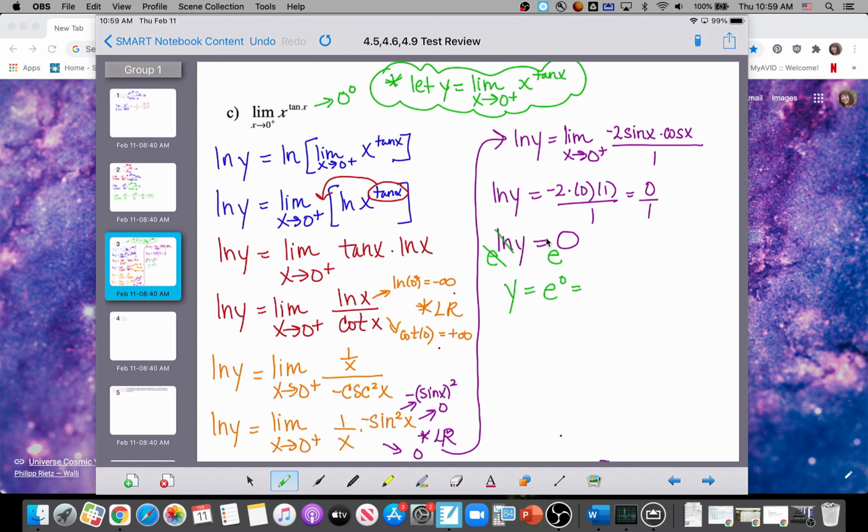And we know that anything to the 0 power is 1, so y equals 1. Which, remember, y was my limit. So y is equal to the limit as x approaches 0 from the right of x to the tangent x power, which we now know is equal to 1. So that is the answer to our limit for part C.